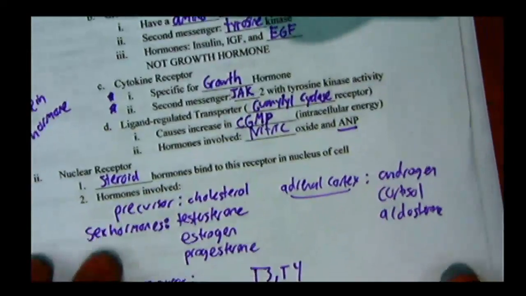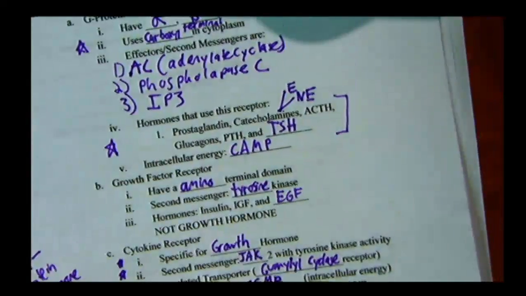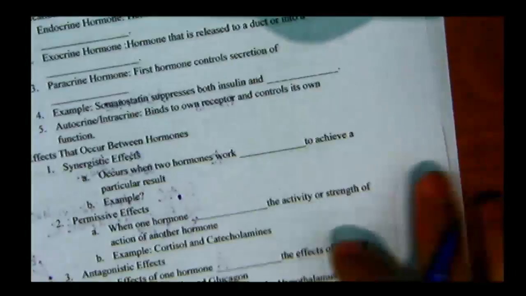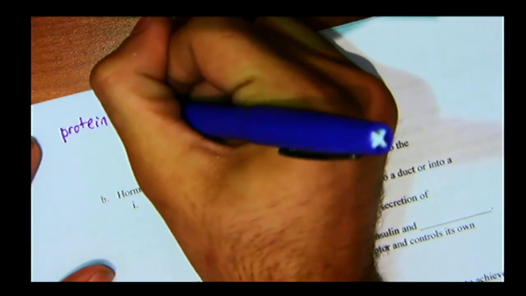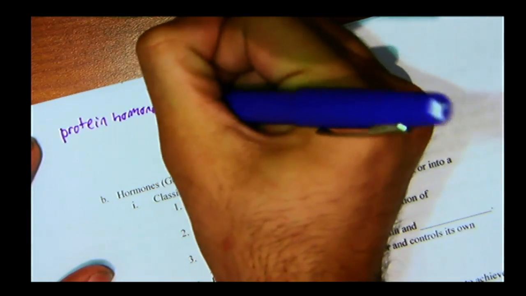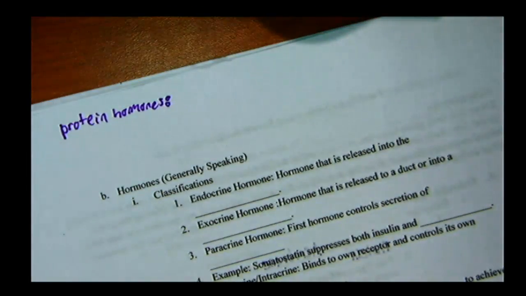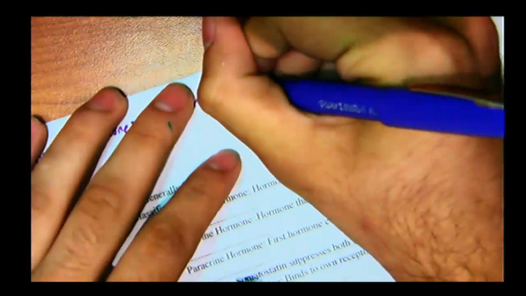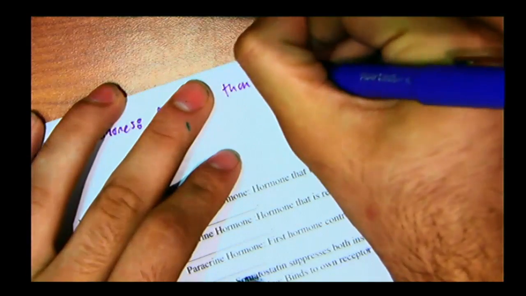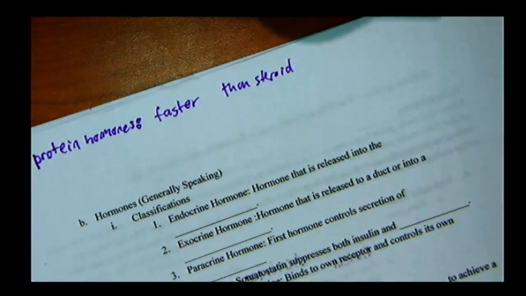Actually, real quick, I forgot to mention: protein hormones, are these faster or slower than steroid? They're faster than steroid. Are they lipophobic or lipophilic? They're lipophobic. What else is the difference between them?